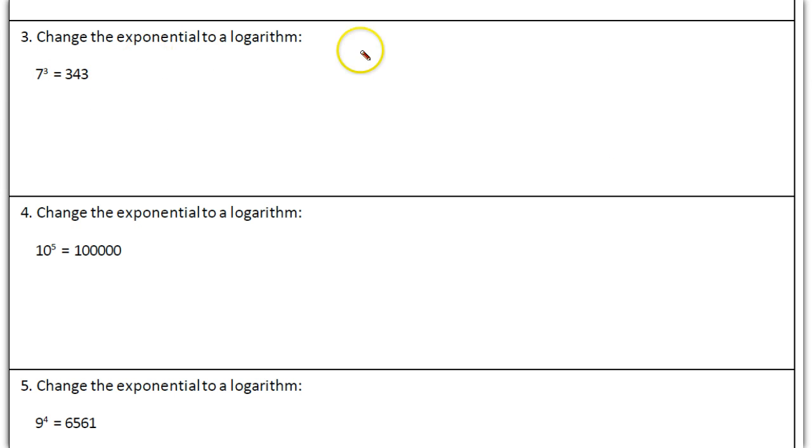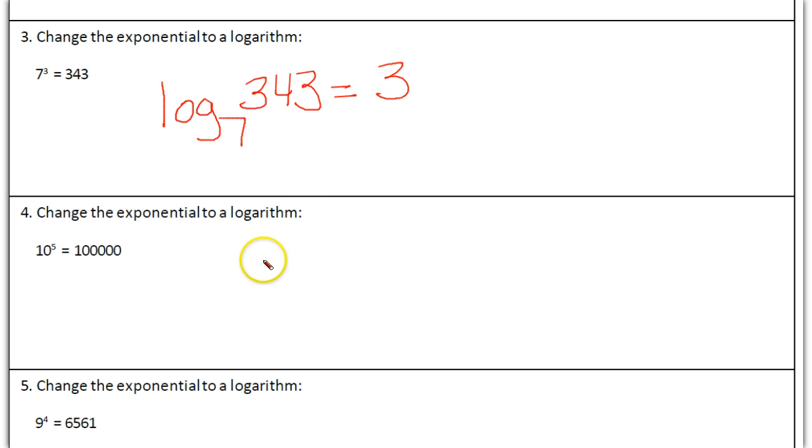Here, they want us to write it in logarithmic form. So log base 7, our answer 343, and our exponent is 3. Again, change from exponential form to logarithmic form. Well, log.